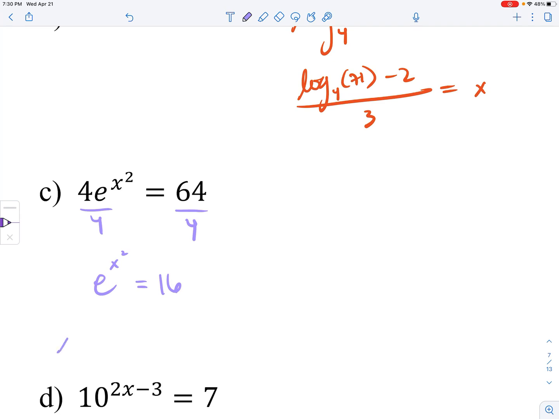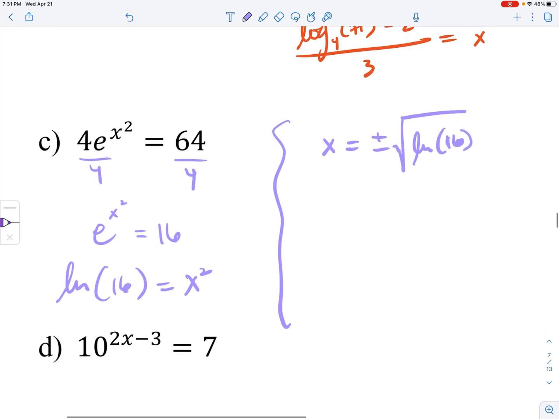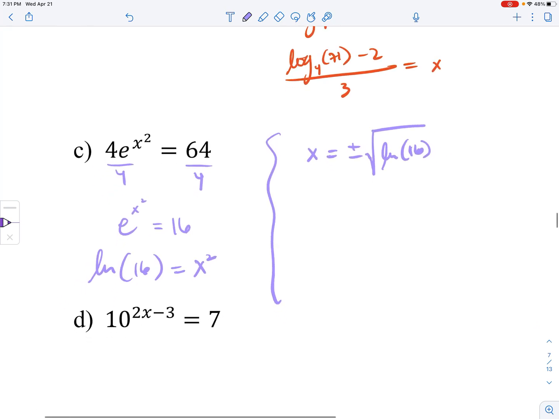So in logarithmic form, that would be ln, which is log base e, of 16 equals x squared. So that would be x equals plus or minus the square root of ln of 16. So there's two solutions to that equation as well. This would be how we would represent the exact values of those solutions.